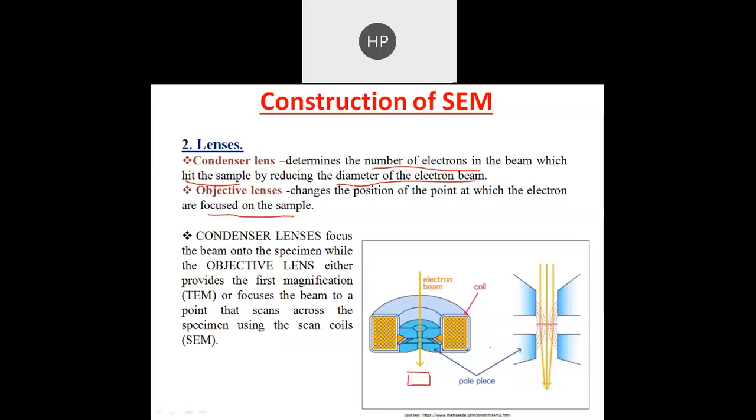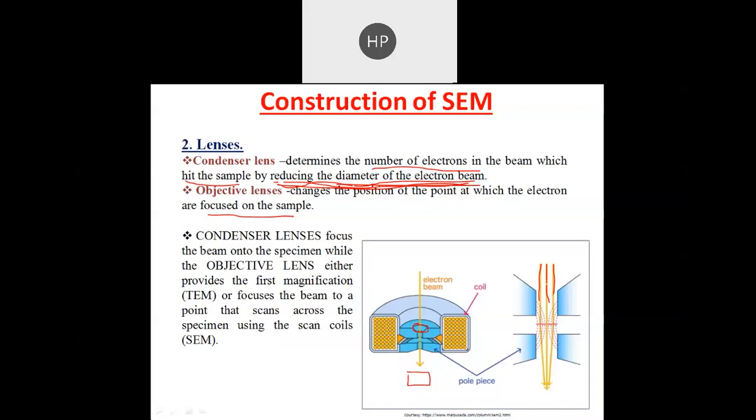Now if you see the enlarged view over here, you can see that, as we know, it will reduce the diameter of the electron beam. So here you can see this is the input of this electron beam, entering into that coil.